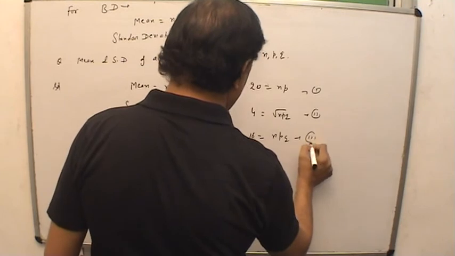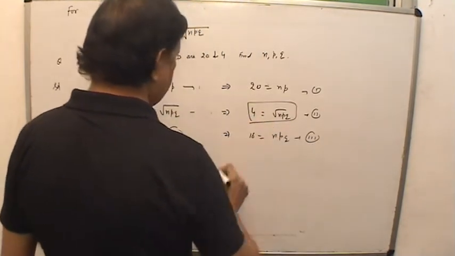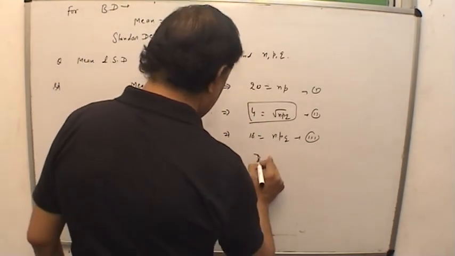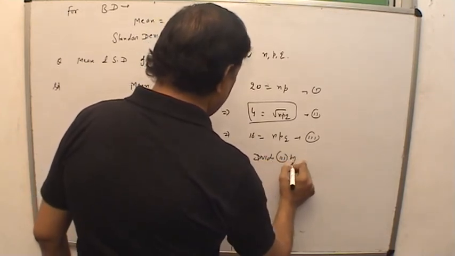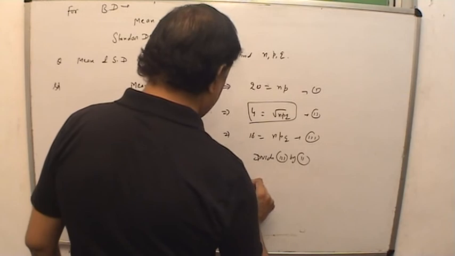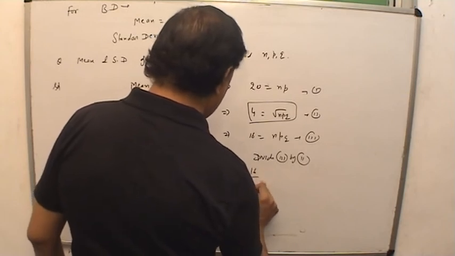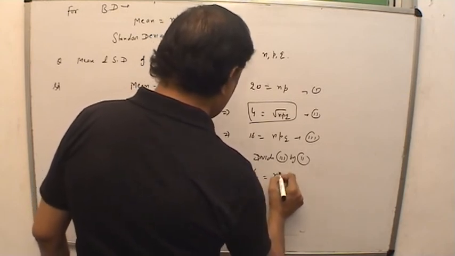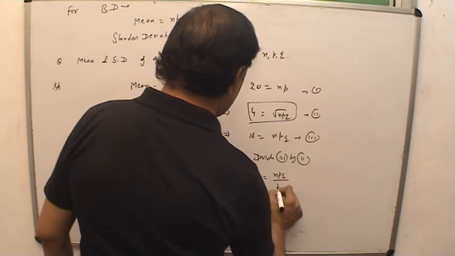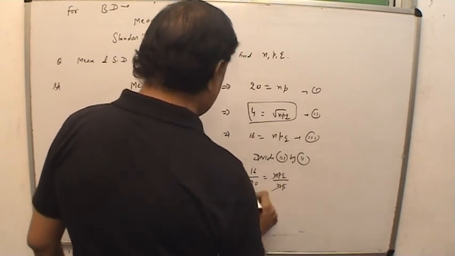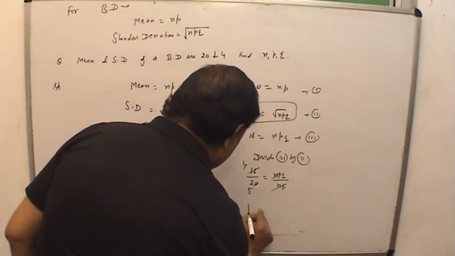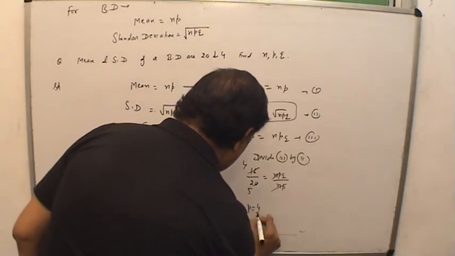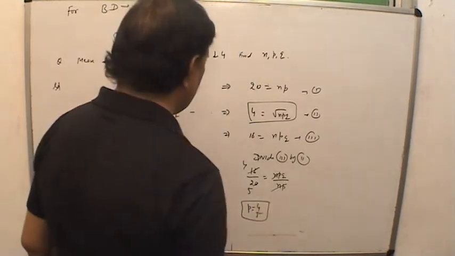It's number 3. Now we divide 3 by 2: 16 divided by 20 is equal to npq divided by np. np cancels. We get p is equal to 4 upon 5.